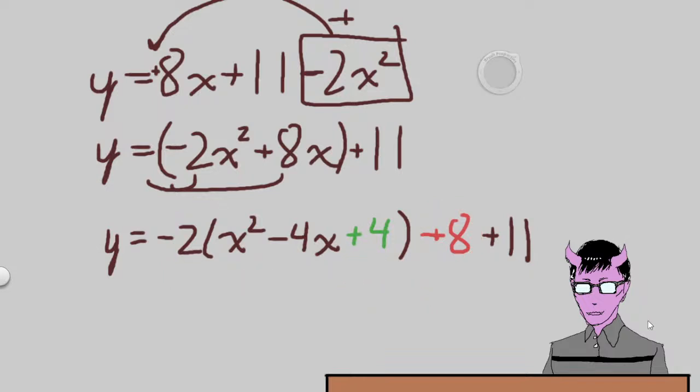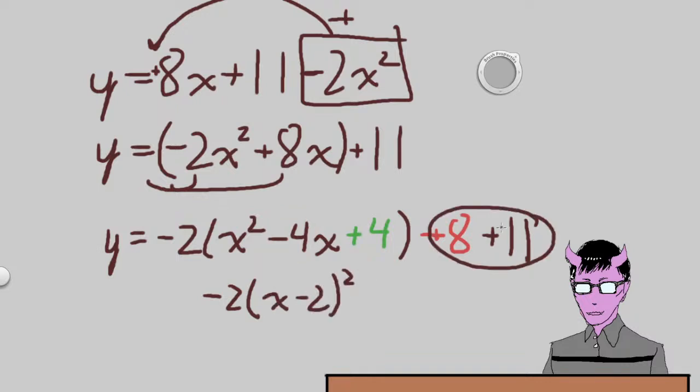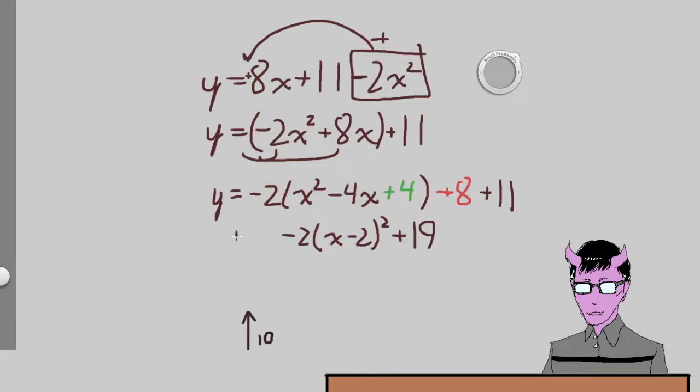So from here on out, it's just clean up, copy paste everything correctly. This one factorizes: what's half of negative 4, that's negative 2. Summate. We are good to go. How do we graph this?